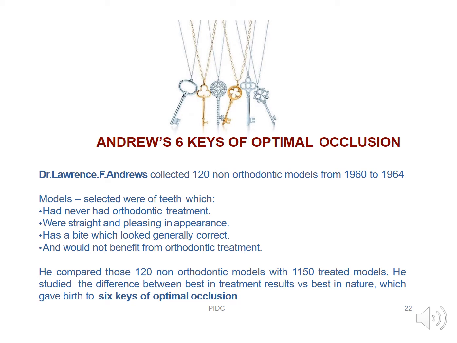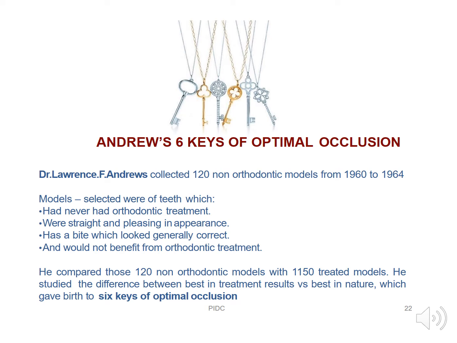He collected 120 non-orthodontic models from 1960 to 1964, and from these models he selected study models that had never had any orthodontic treatment, and the teeth were straight and pleasing in appearance. The study models also had a bite which looked generally correct and would not benefit from orthodontic treatment.